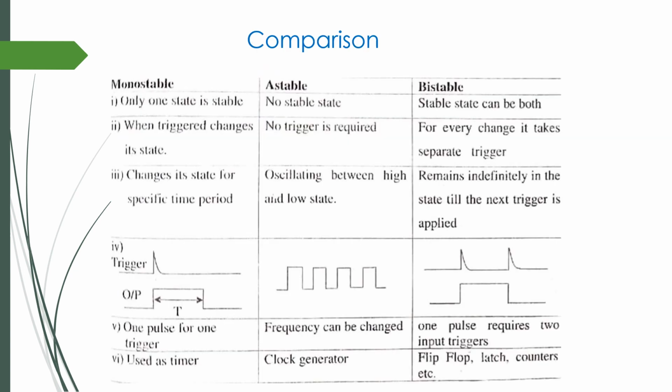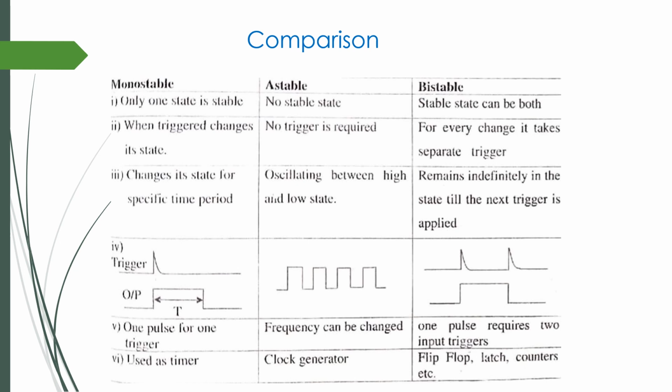Let us see these three types of multivibrators with comparison to understand their concepts. So here you can see monostable multivibrator, astable multivibrator and bistable multivibrator. So in monostable multivibrator, one state is stable state. In astable multivibrator, no stable state is available, and in bistable multivibrator, both states are stable.